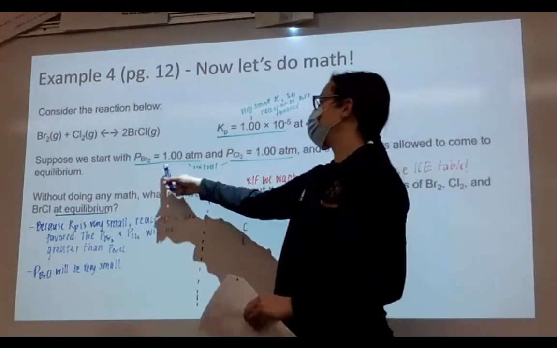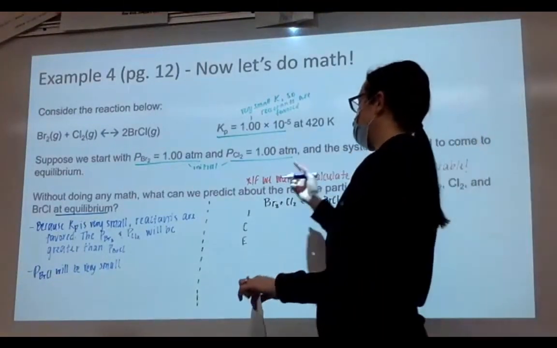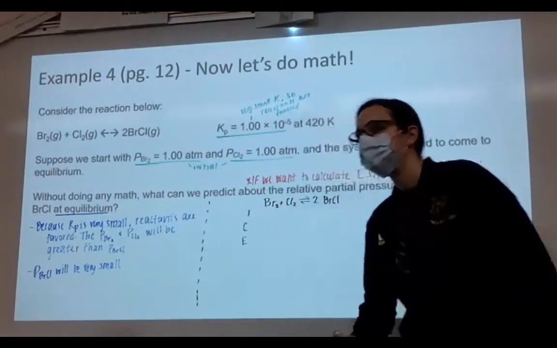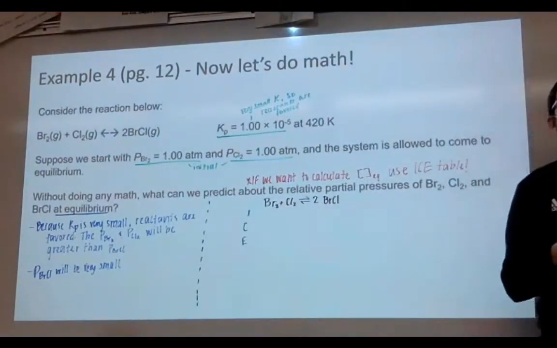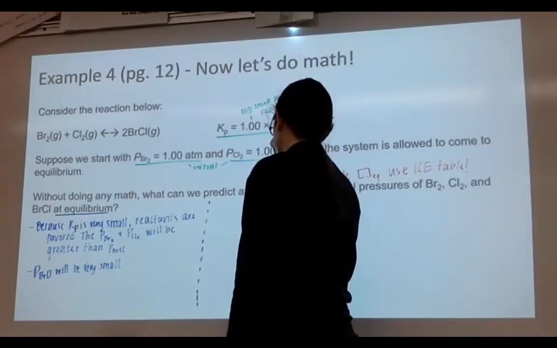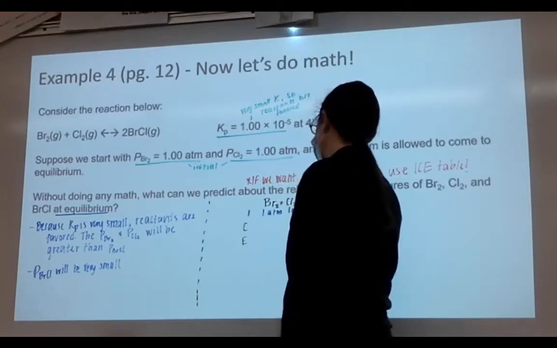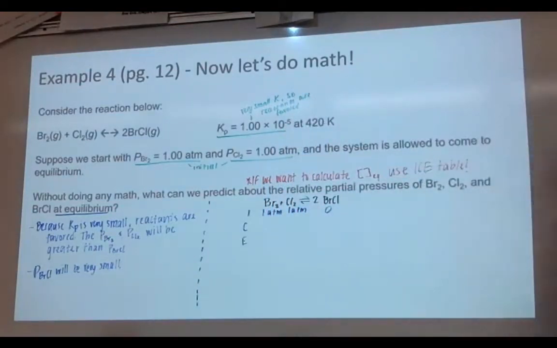Well, they gave us initial amounts here. We start with the pressure of Br2 and the pressure of Cl2 being 1 atm. Well, remember, the only two units that can go into ice is either molarity or atm. So here's 1 atm and 1 atm. It said nothing about pressure of BrCl initially, so it's 0.